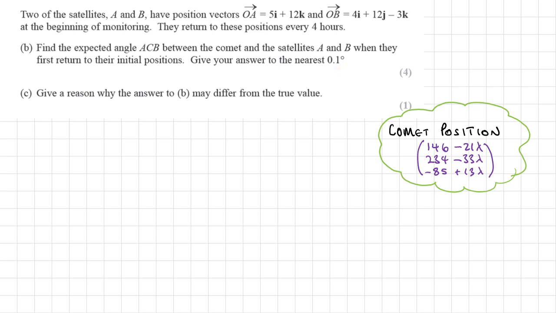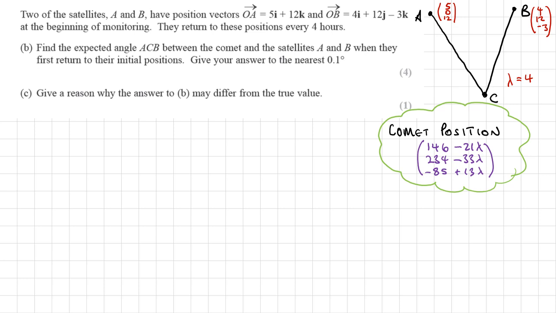So let's draw out what this looks like so I can physically see what's going on. So I have these points here, all these satellites A and B, and I have their positions. So I've got 5, 0, 12 here for A, and B 4, 12, negative 3, and the comet, and that's going to be at the time 4 hours, so that's going to be when lambda equals 4 at this point C, the comet.